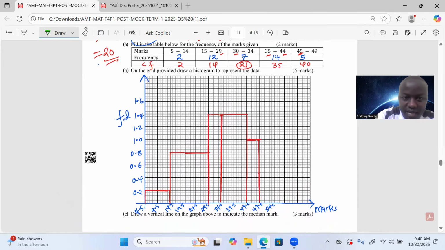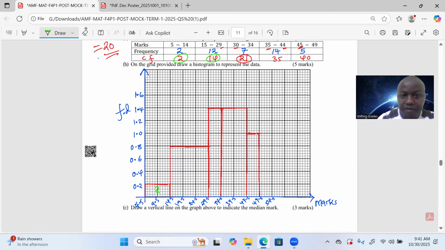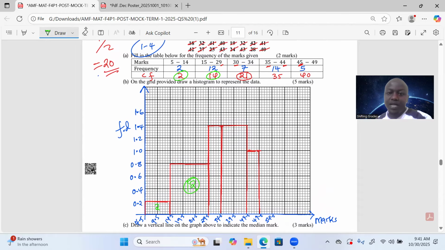In the first class, there are only 2. Then up to the second, 14 have been accommodated. In other words, there are 12 in the second class, but so far we have talked about a total of 14. So for us to reach the 20th, we don't need all the 7 in the second class.